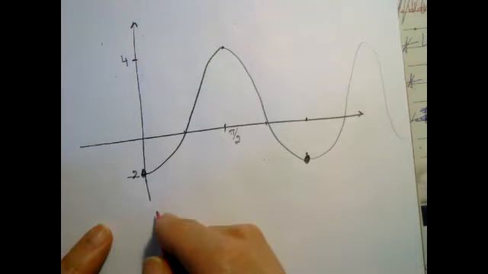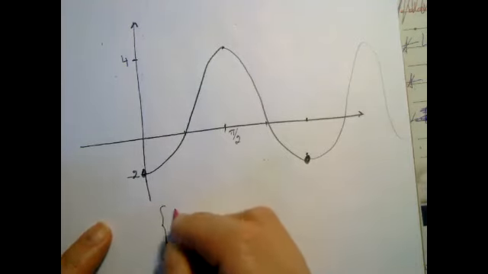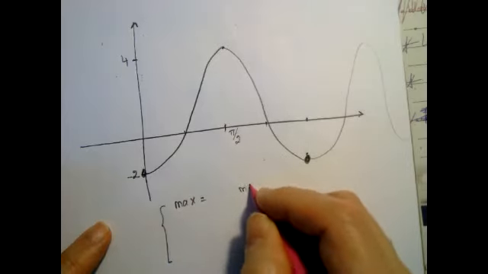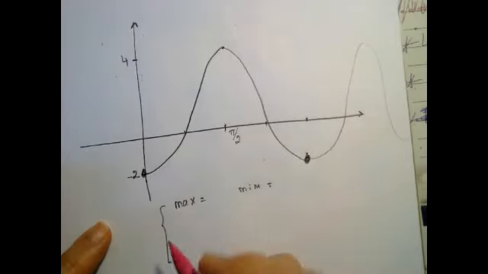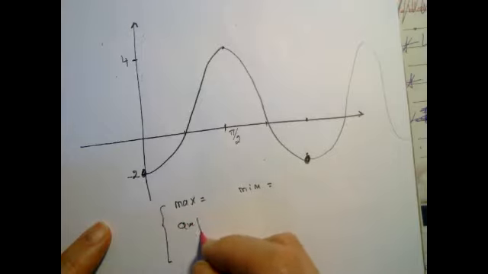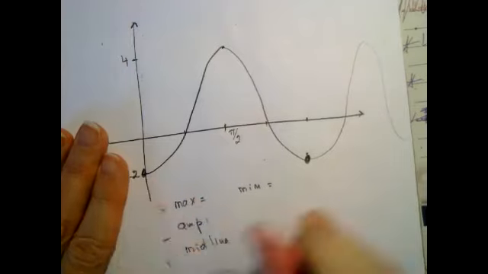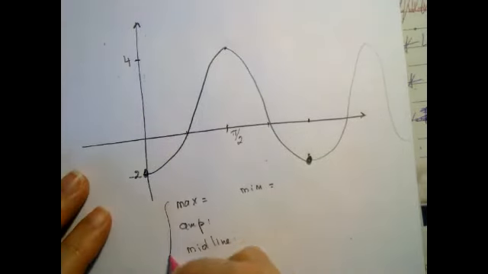Okay, I need a formula that fits the graph. And before you give me the formula, I want the following. I want the max. I want the mean. Then I want the amplitude. I want the midline. And then I want you to tell me what the graph looks like after that.